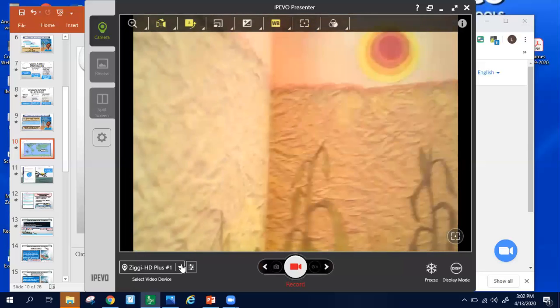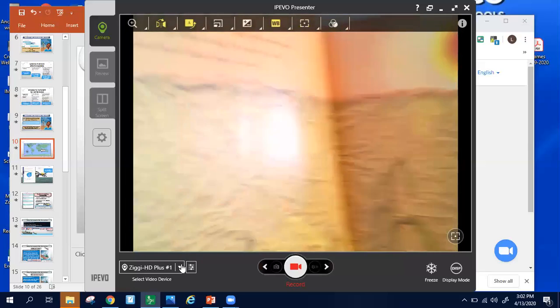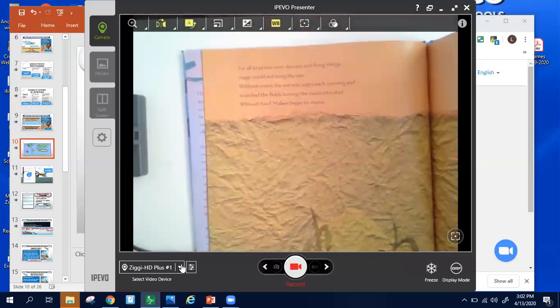There's the other page of the story. So let's look at some of those words. It said the magic could not bring the rain. Without water, the sun rose angry each morning. So the sun is having a little bit of personification there, to rise angry.